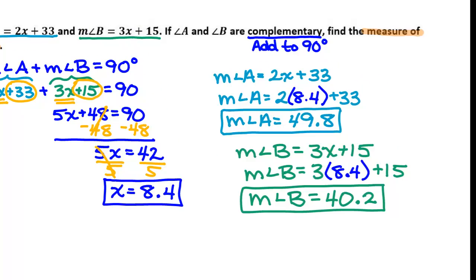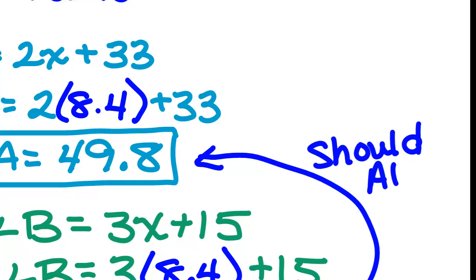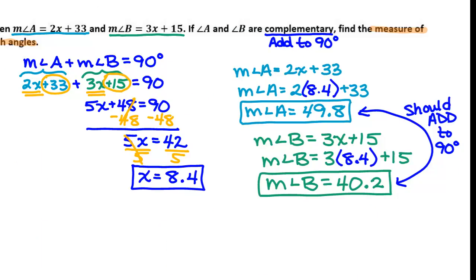And these two angles should add to 90. Do they? Does 49.8 plus 40.2 add to 90? Yes, it does.